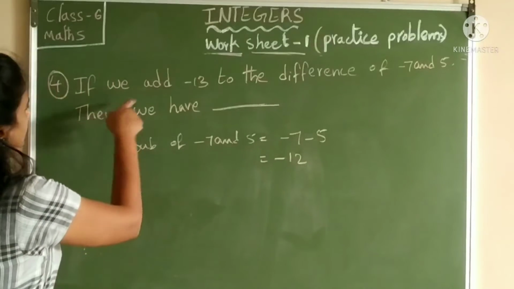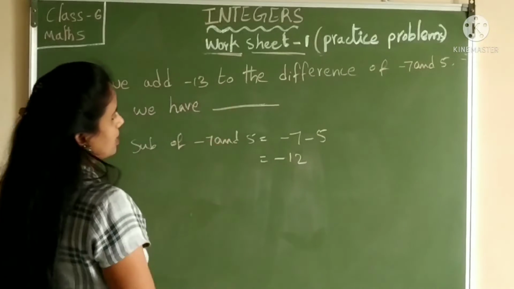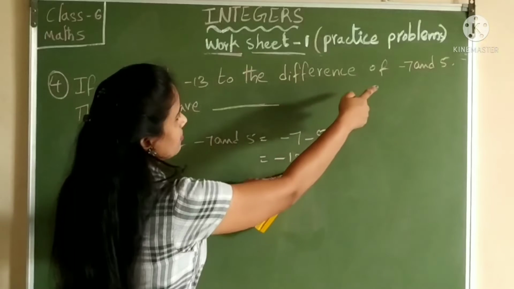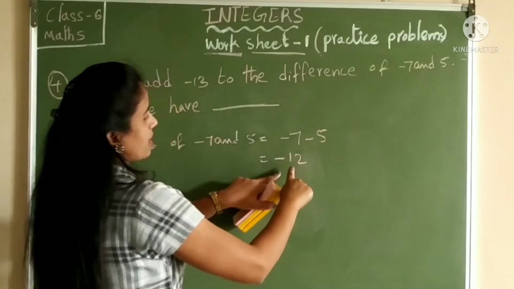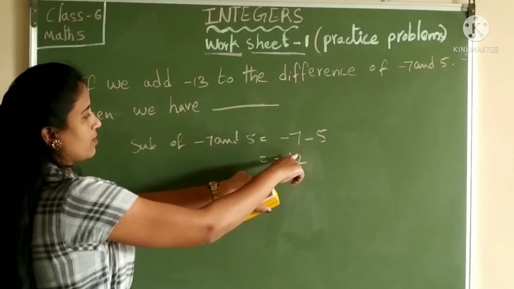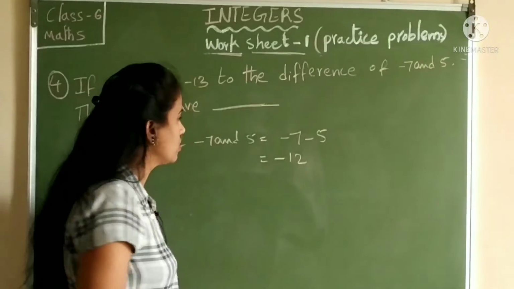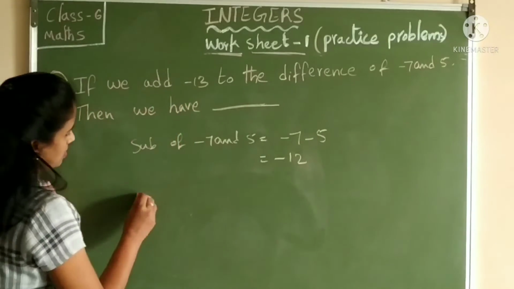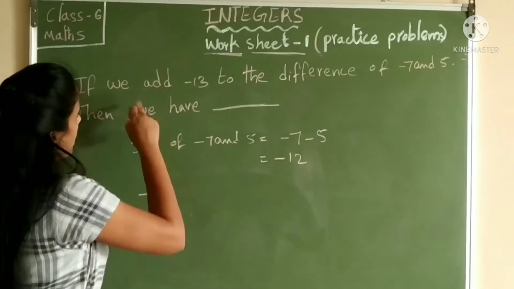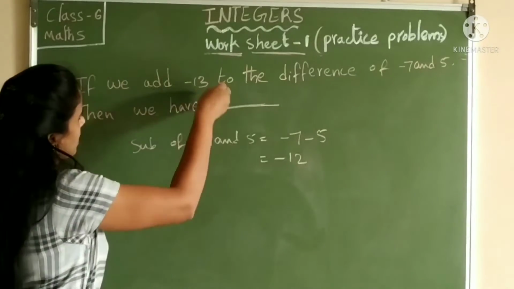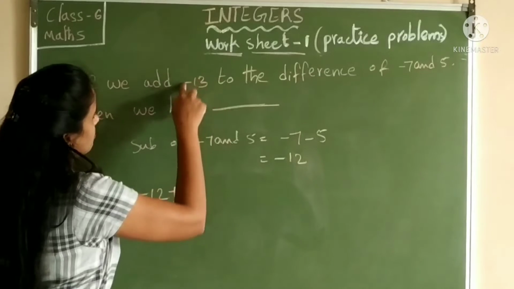Now add minus 13 to the difference of minus 7 and 5, where we got minus 7 minus 5 equal to minus 12. So minus 12 add means plus, minus 13. Minus 12 plus into minus 13.